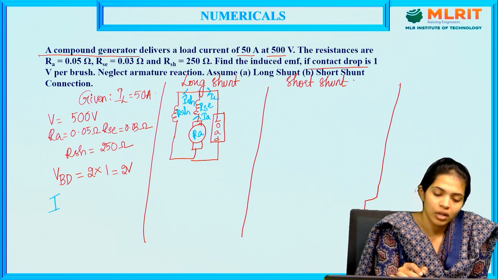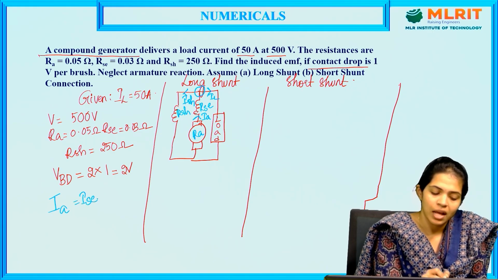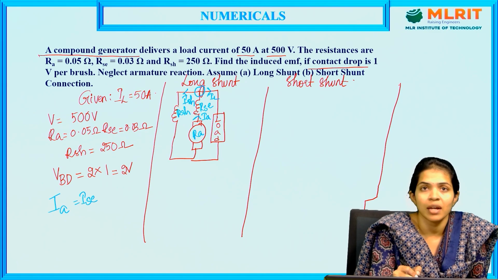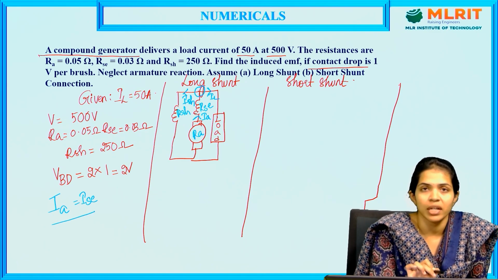So applying the KCL again in this particular node, we know that IA will be equal to ISC, as the series field winding and the armature are in series. So we can assume both the currents are equal in this particular branch.